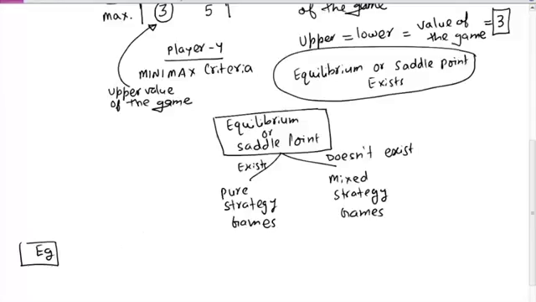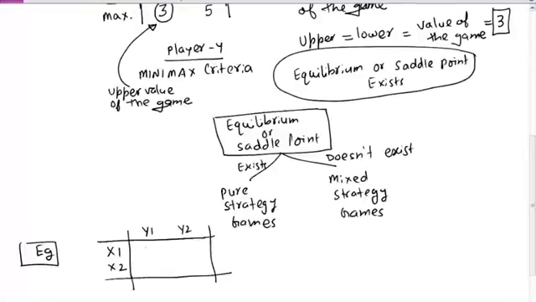So let's say the payoff matrix looks like this. Suppose payoffs are 2, -4, 6 and 10. Now if you have to figure out whether this is a pure strategy game or mixed strategy game, we again apply the minimax criteria for player Y. So if we find the maximum value in those columns, the maximum values are 6 and 10.